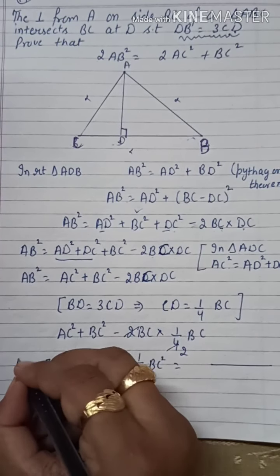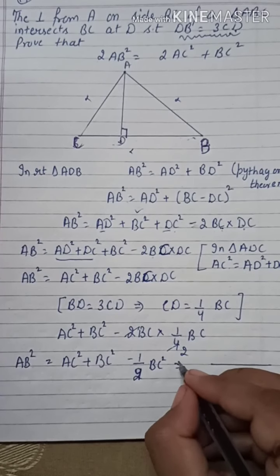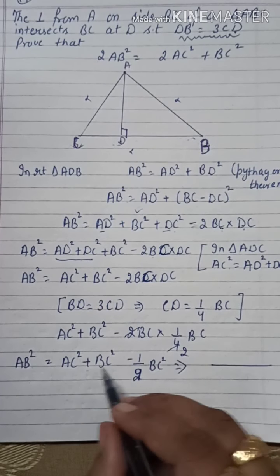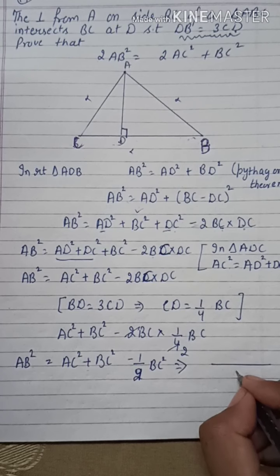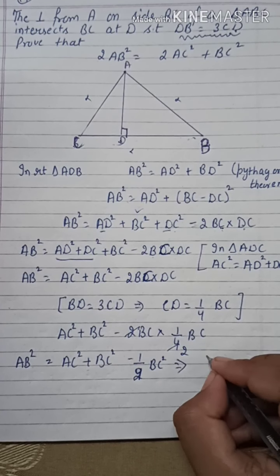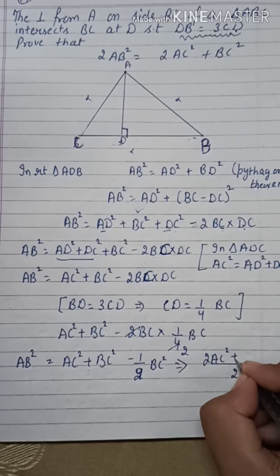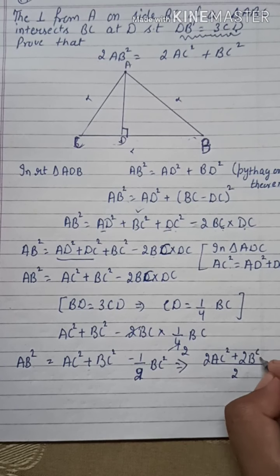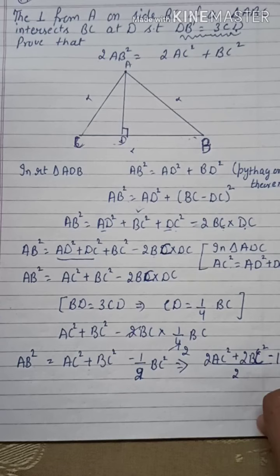Here is AB square at that end. Taking the LCM with 2 at the denominator, it becomes 2AC square plus 2BC square minus 1 BC square.